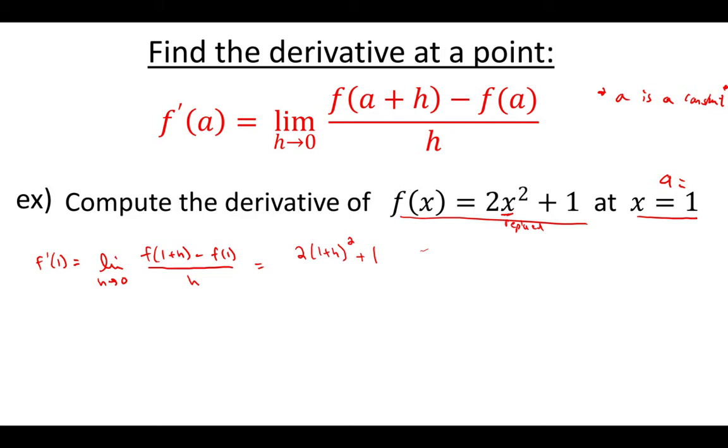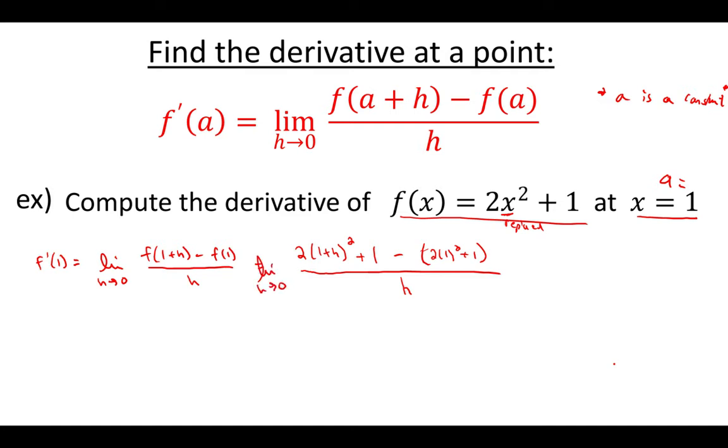That's our f of 1 plus h. That's what we've done so far. Minus, in parentheses, f of 1. So f of 1 is 2 times 1 squared plus 1, over h. Technically, I should have that limit there as well.